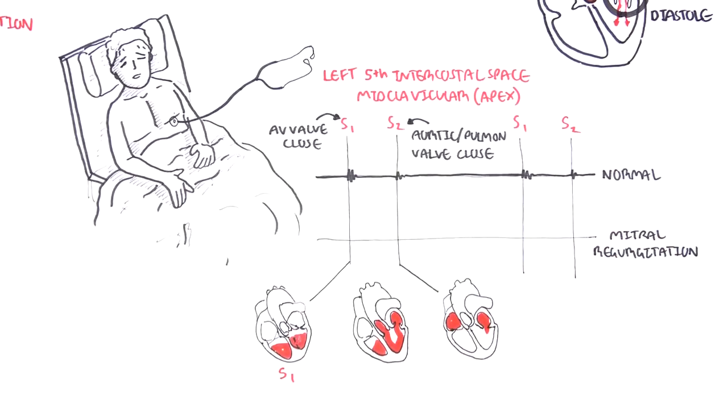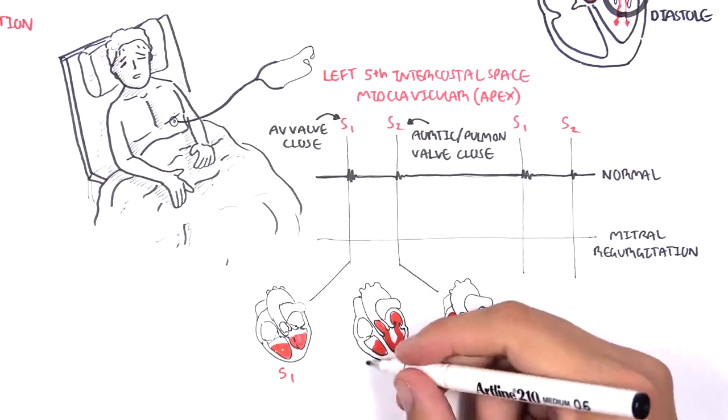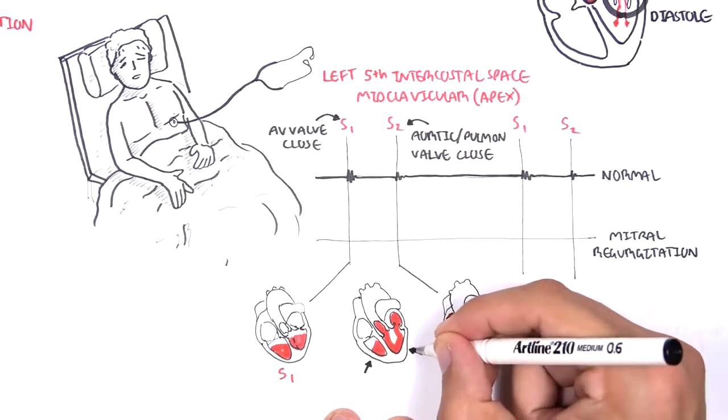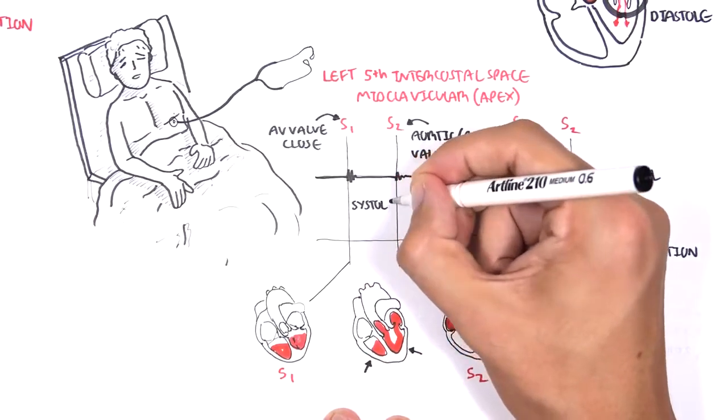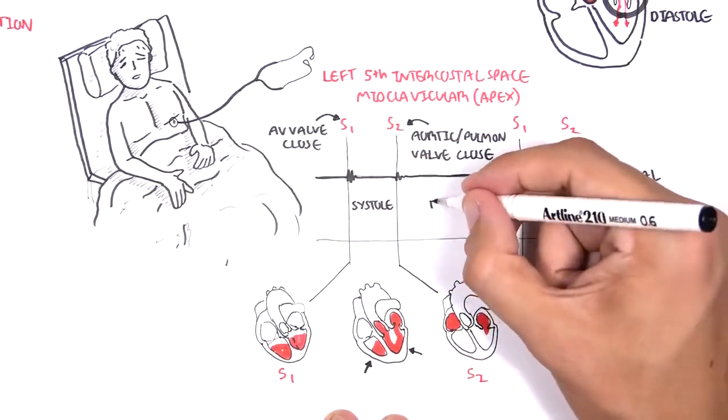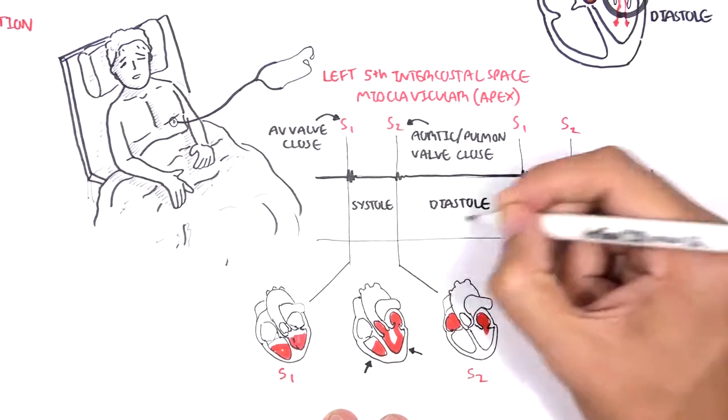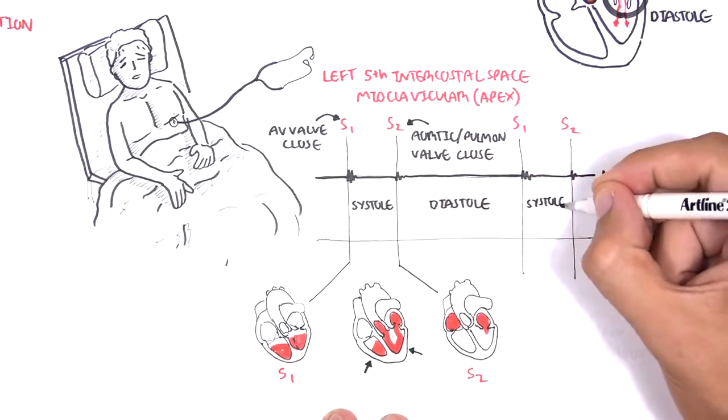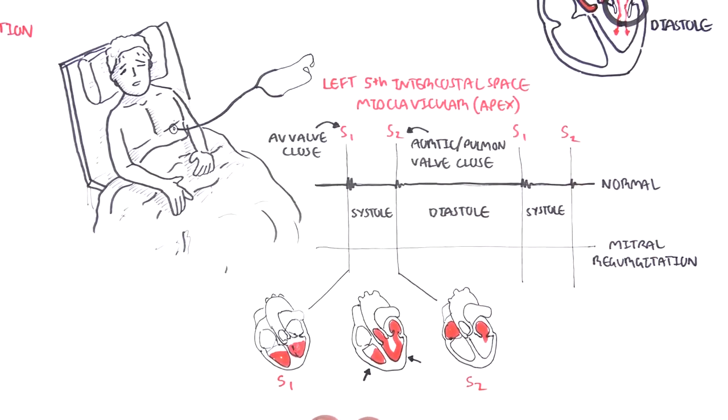At S2, your aortic valve and pulmonary valve close, allowing the ventricles to fill back with blood from the atria. Thus, we can say that between S1 and S2 is systole, when the ventricles are contracting, and from S2 to S1 is diastole, when the ventricles are relaxed and filling with blood.